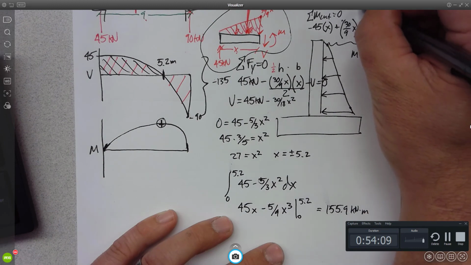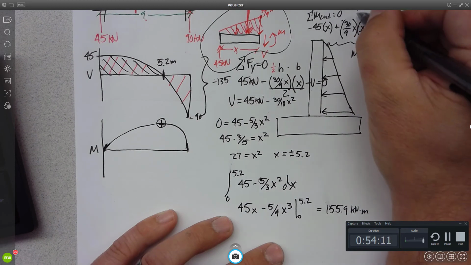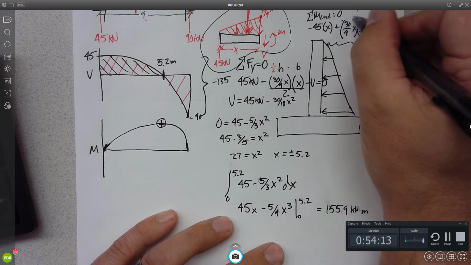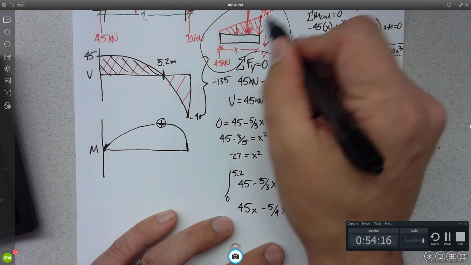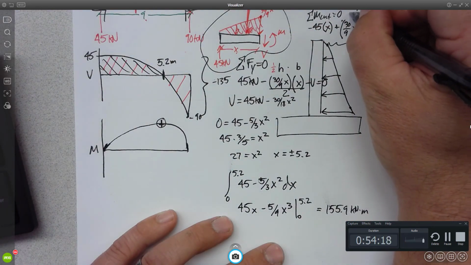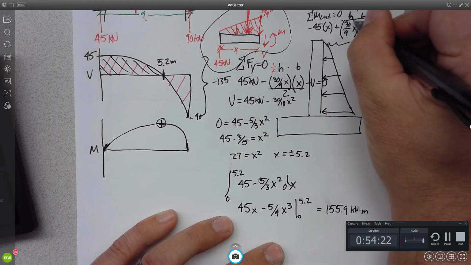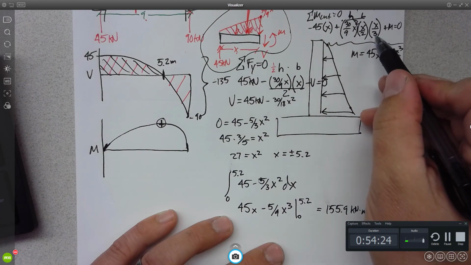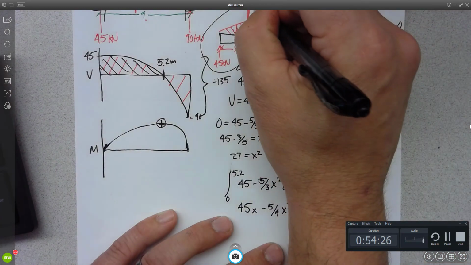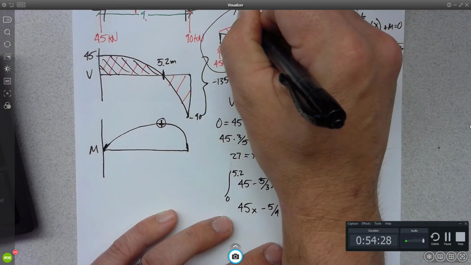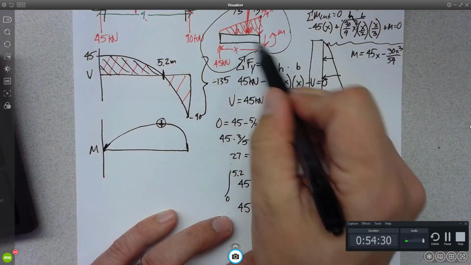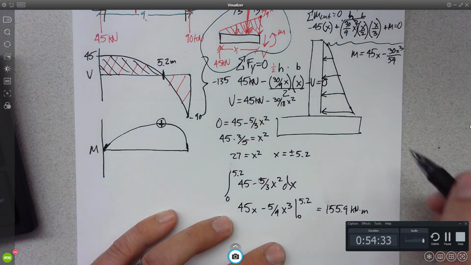Remember, a moment is a force times a distance. In this case, the force is the area underneath this, so it's the height times the length divided by 2. So the x over 3 is the fact that this is 1/3, 2/3, right? So it's 1/3 x away from the cut.